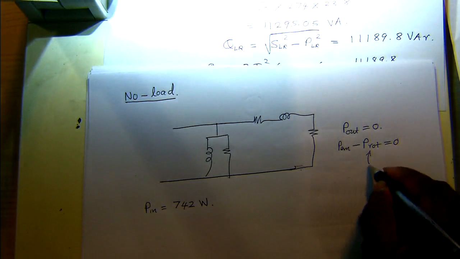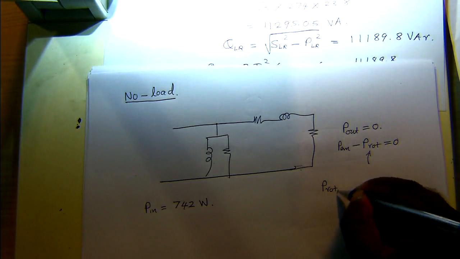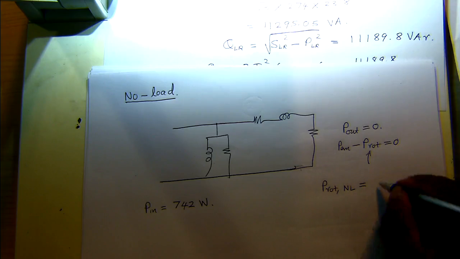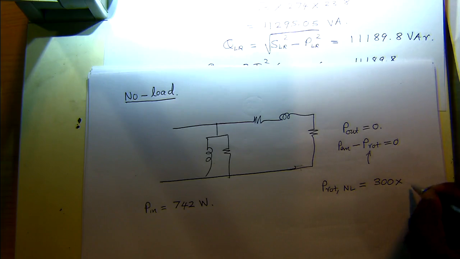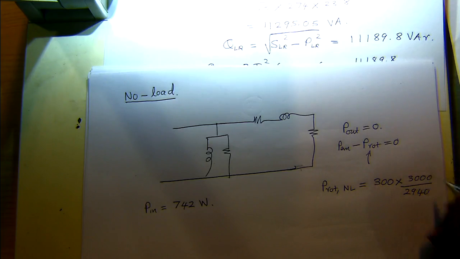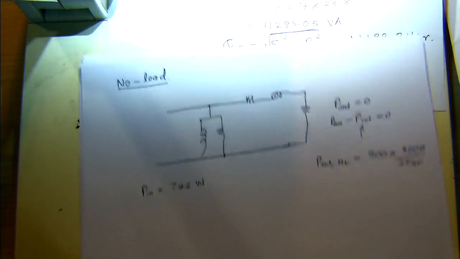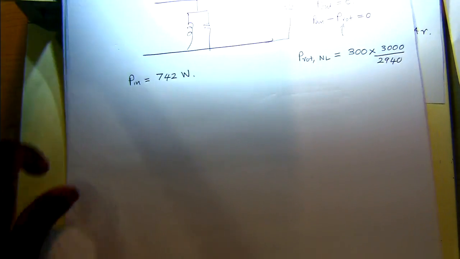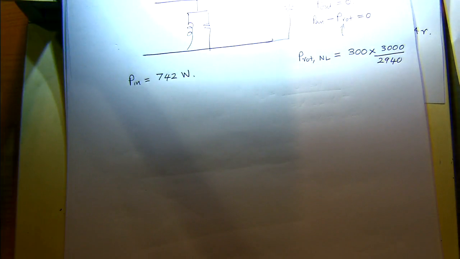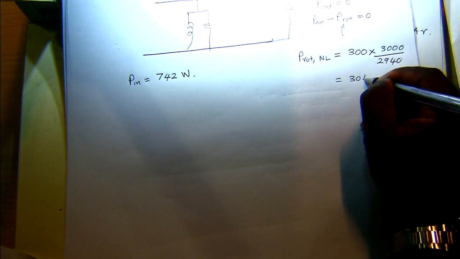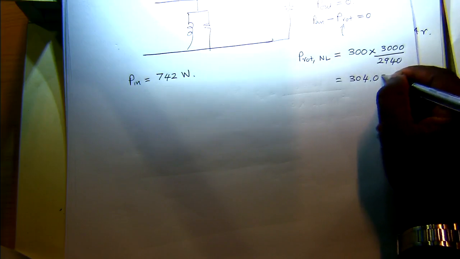So we can say under no load conditions, the no load rotational losses will be 300 at 2940, and then you scale it up a little, and you'll get this slightly higher value, which is 304.05 watt.